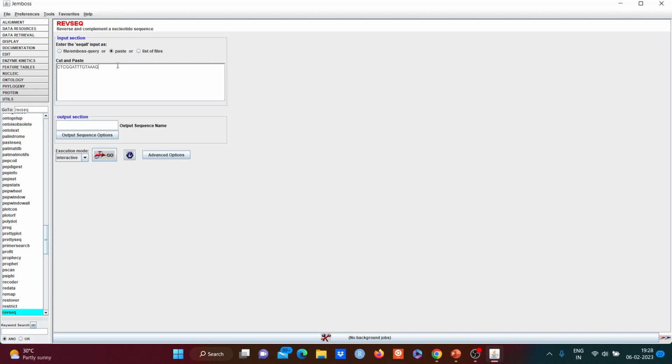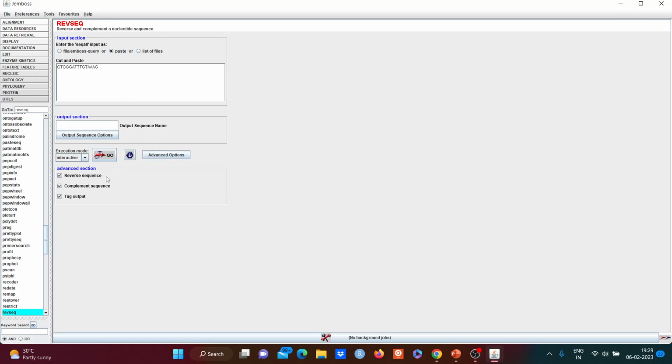So the tool for finding a complementary sequence is RevSeq in EMBOSS. I searched for RevSeq in the go to option provided by EMBOSS. Then I double clicked on it to open. Once I double click, RevSeq provides me the option to input a file or to paste the sequence. I'm selecting the option to paste the sequence. Once I have pasted the sequence, I'll go for the advanced option.